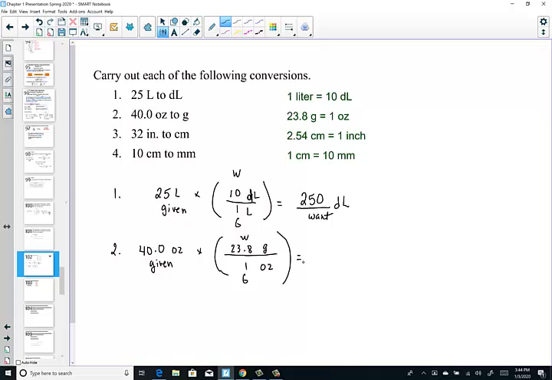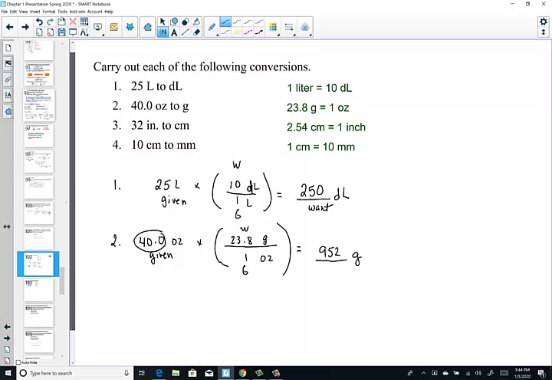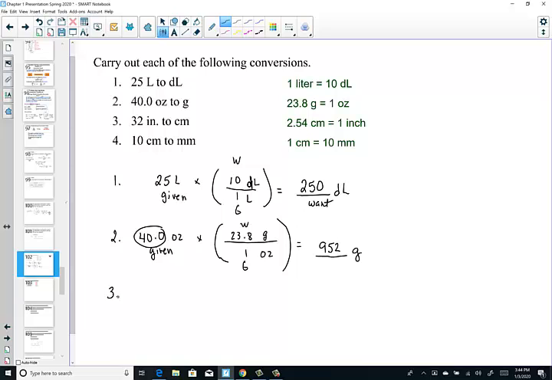I didn't know that, I had to find it. Ounces cancel, and we are left with the unit gram. So on my calculator, 40 times 23.8 gives us 952. And we are allowed 3 sig figs because all those digits are significant, and I reported my answer with 3 sig figs.